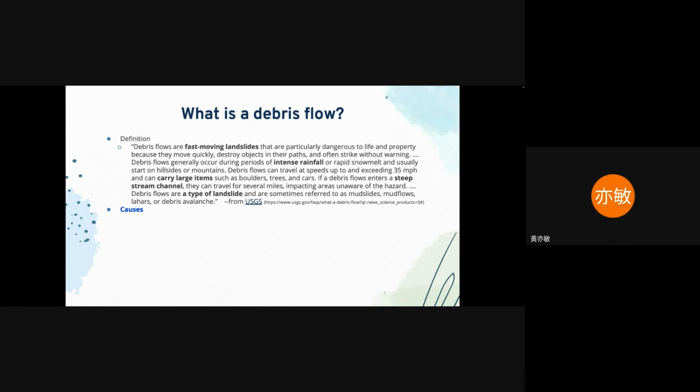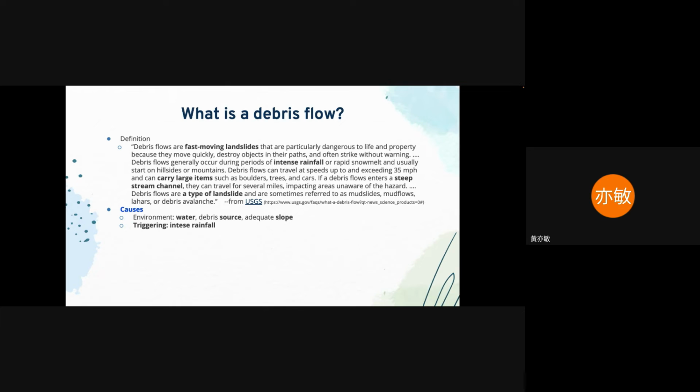So what is a debris flow? There are too many words here, I won't read them. In simple terms, a debris flow is a fast-moving landslide of a smaller scale. It will carry large items, soil, trees, boulders, and even a car.